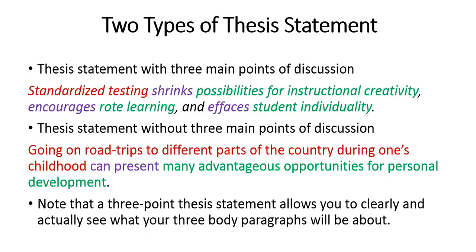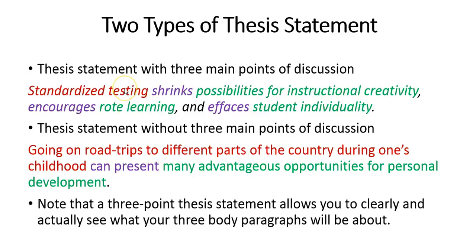Now, in an essay with a thesis statement like this, you can expect the first body paragraph to talk about and support the idea of how standardized testing strengthens possibilities for instructional creativity. The second body paragraph is going to talk about how standardized testing encourages rote learning, and it's going to argue and support this.